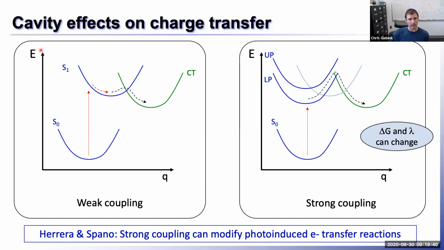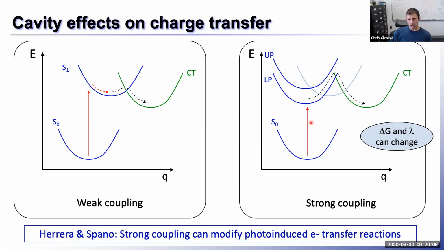If we look at an energy generalized coordinate diagram for the electron transfer process for a weakly coupled donor acceptor pair, it might be exciting from the singlet ground state up into the first singlet excited state, relax, and then undergo charge transfer into the charge transfer state, where we've got to overcome the reorganization energy. And there's a certain driving force between the singlet state and the charge transfer state.